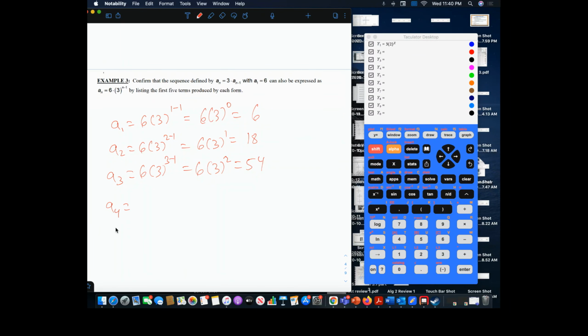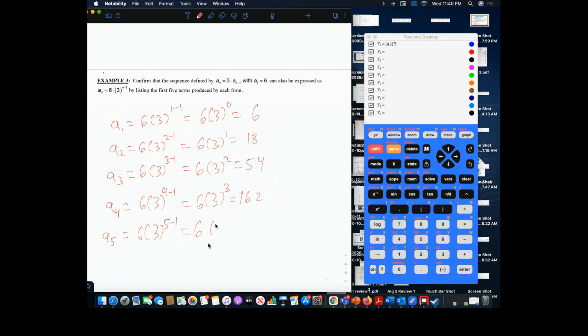a4 is 6 times 3 to the 4 minus 1, which makes 3 to the third, which is just times another 3, so that's 162. And a5, 6 times 3 to the 5 minus 1, which is 6 times, now I'm just going to say 3 to the fourth is 81, so what's 81 times 6?